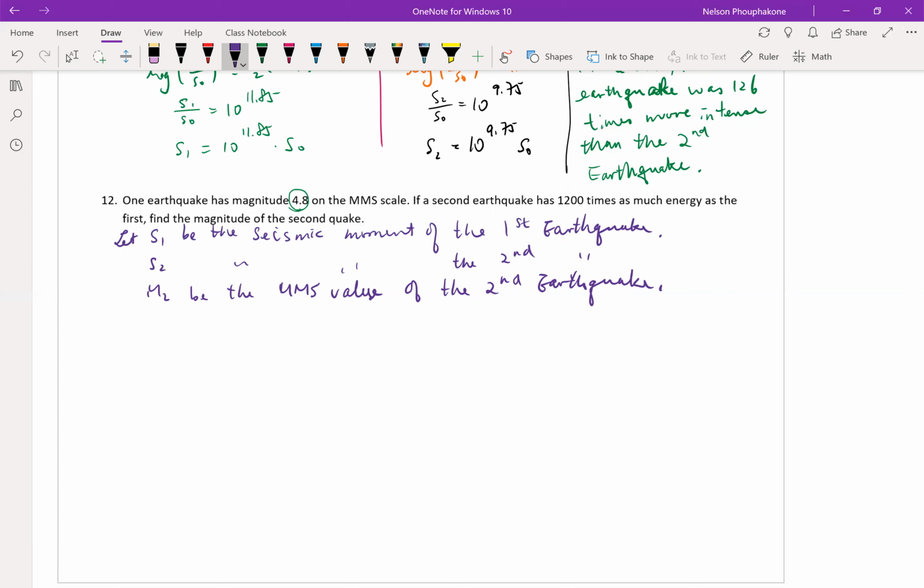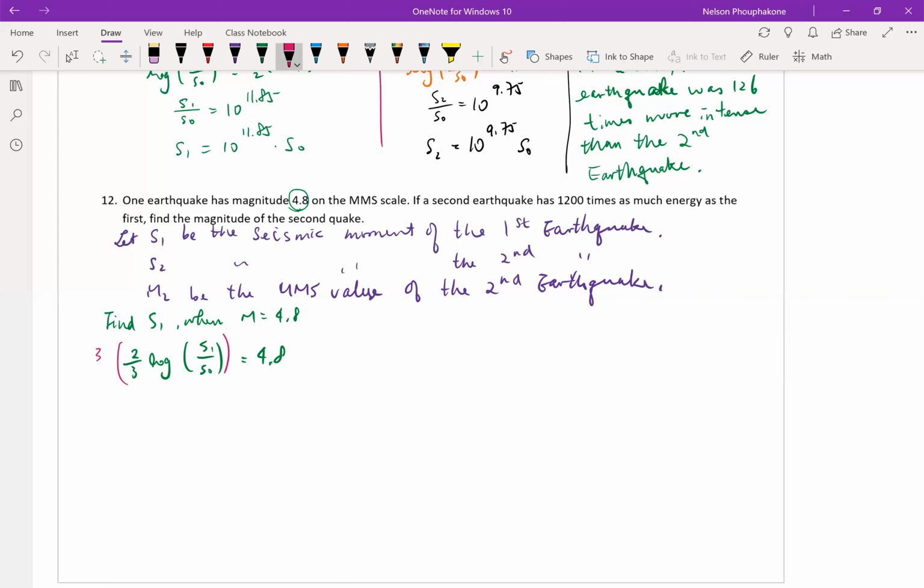As my plan, I would like to know, for the magnitude 4.8, what is the S value, right? So find S sub 1 when M is equal to 4.8. Okay. So let us set it up first. Okay, and then now I would like to solve for S sub 1, just like the previous example.